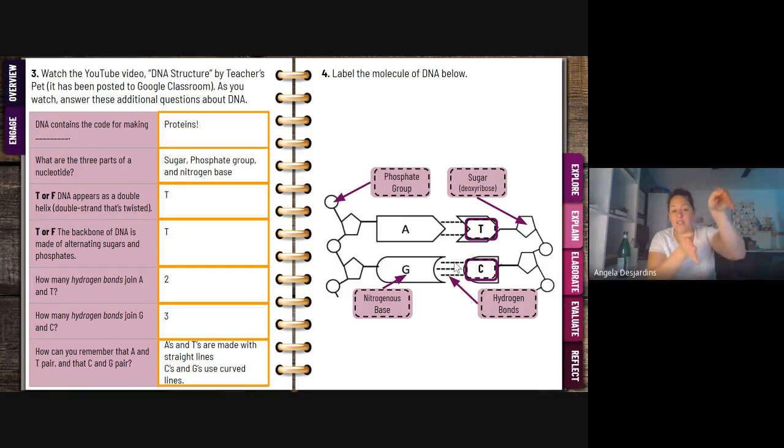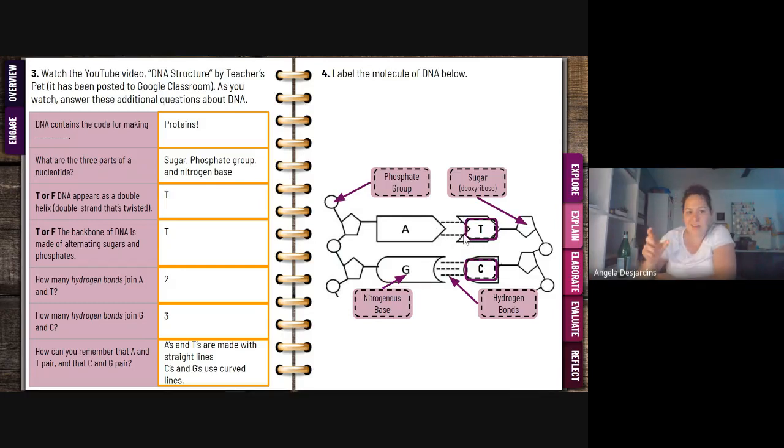But when that code needs to be read to make some proteins, the DNA unwinds itself and opens up, and those little weak bonds holding these two strands together separate so that different proteins can come in and read the code. And then when they're done reading, the bonds reform, and the DNA winds back down and squishes back together.